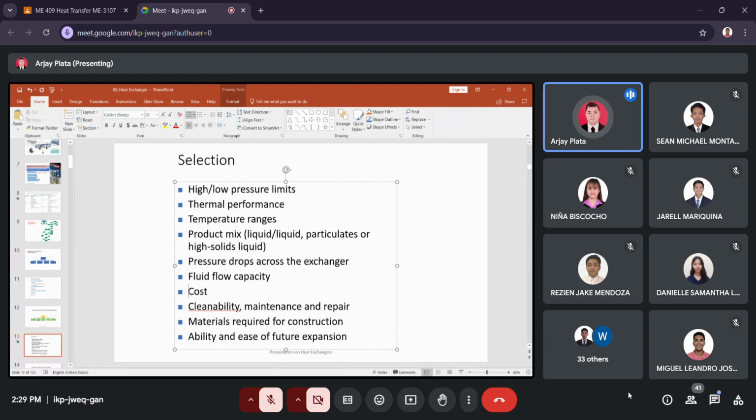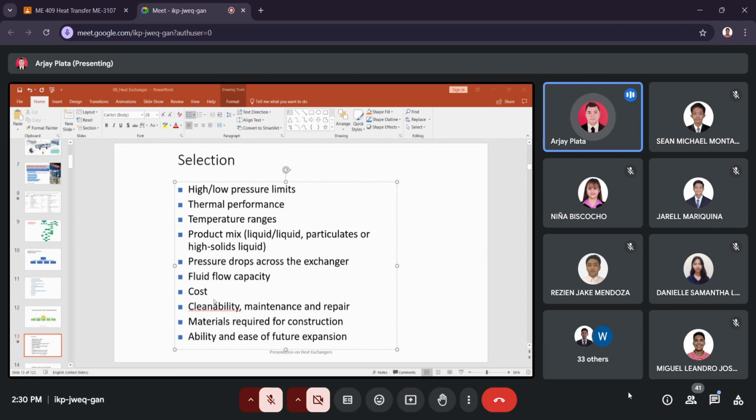With regard to cost, shell and tube types have high cost compared to double pipe and other types of heat exchangers. So we must also consider that if we are not requiring a large heat transfer rate, we might as well consider using double pipe heat exchangers.